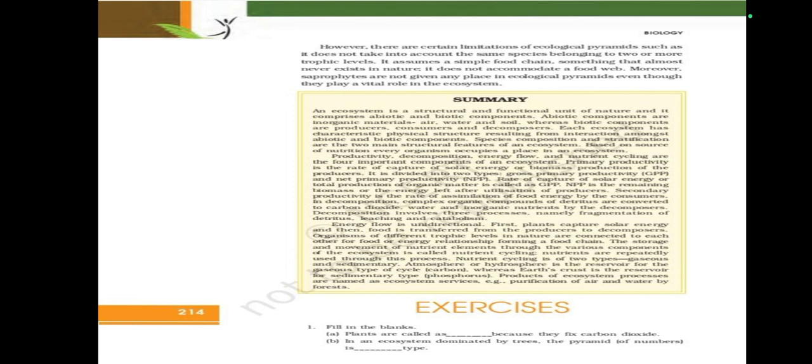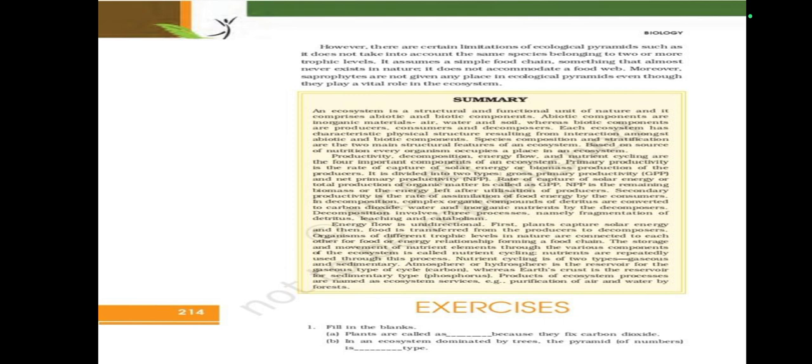Organisms of different trophic levels in nature are connected to each other, and the movement of nutrient elements through the various components of the ecosystem is called nutrient cycling. Nutrients are repeatedly used through this process. Nutrient cycling is of two types: gaseous and sedimentary.